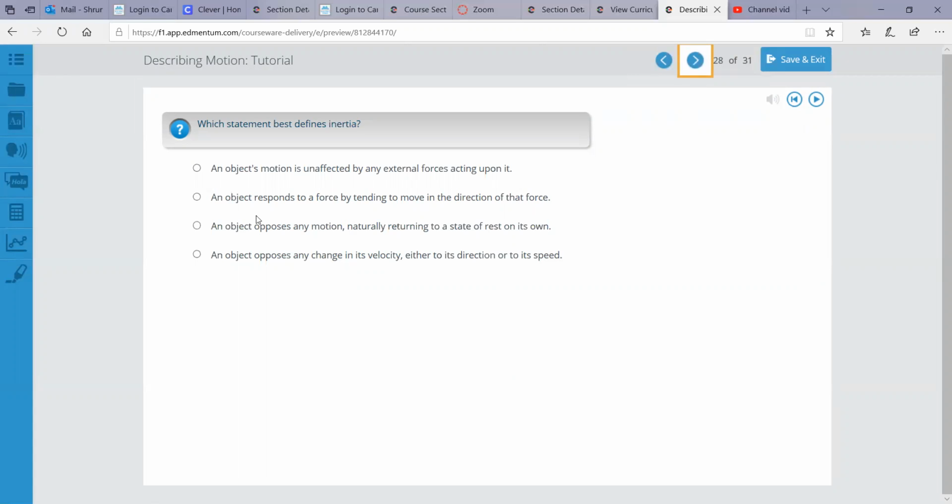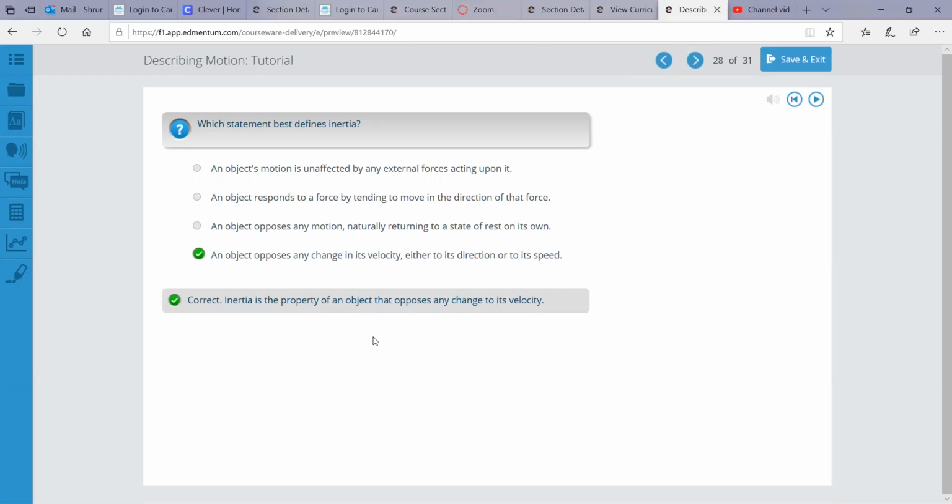No. An object opposes any motion, naturally returning to a state of rest on its own. An object opposes any change in its velocity, either to its direction or to its speed. The last one is the correct.